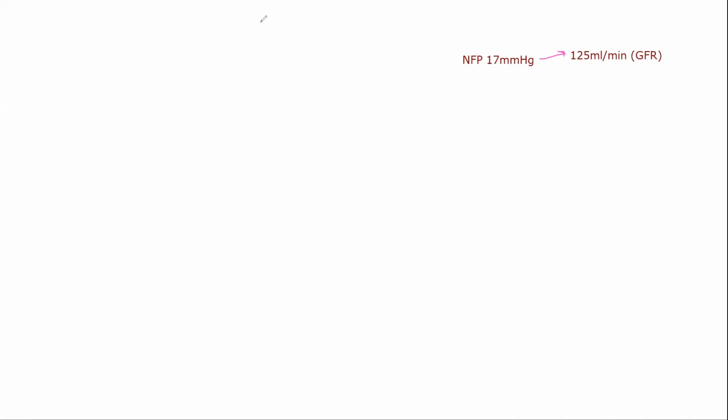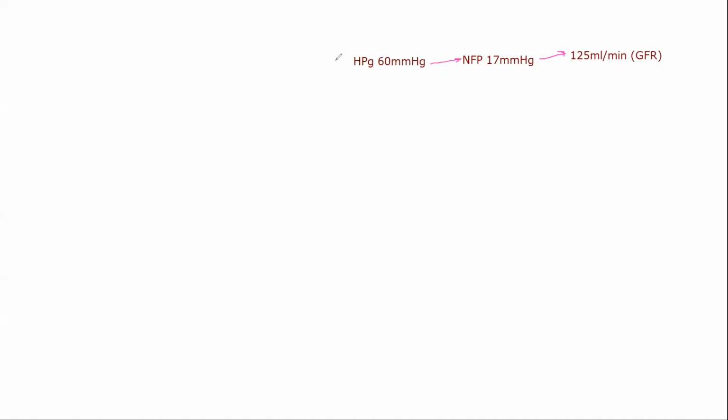Okay, now what gives me an NFP of 17 millimeters of mercury? It's HPG minus the OPG, or the right, HPG plus OPG, that thing. Good, but I'm just going to put HPG for now, and what HPG number will give me an NFP of 17? 60. Yes.